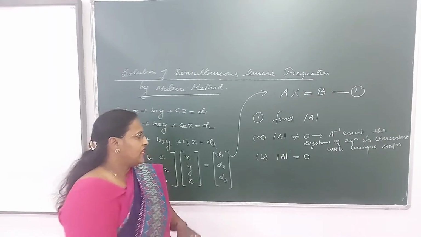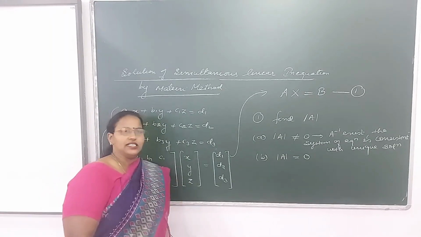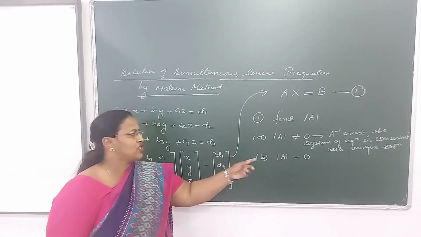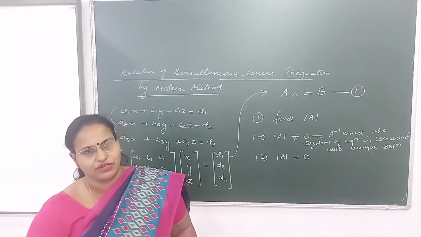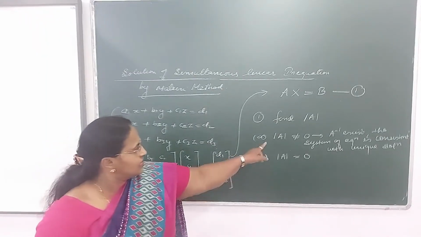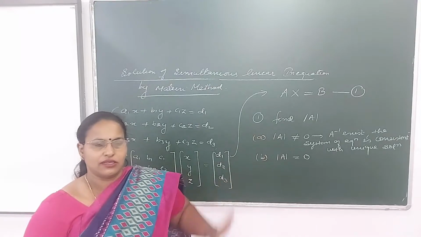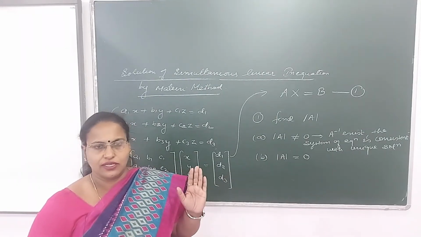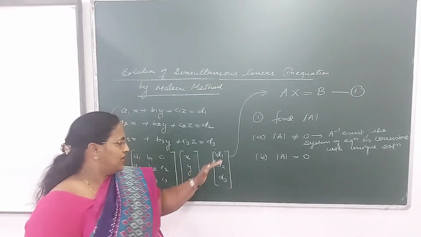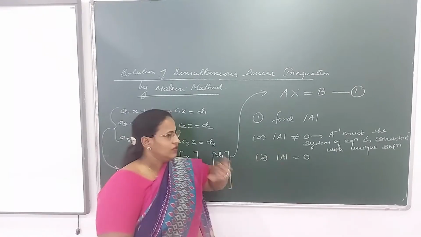If determinant of A is not equal to 0, it means A inverse exists, and moreover the system of equations is consistent with a unique solution. Now this only is there in your CBSE board syllabus, but let me explain this also.